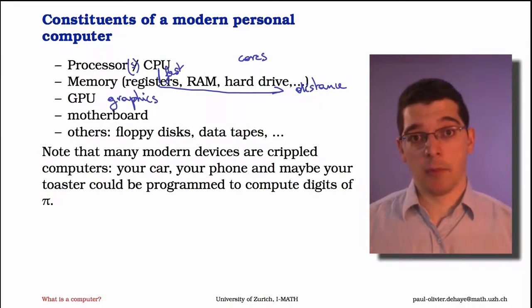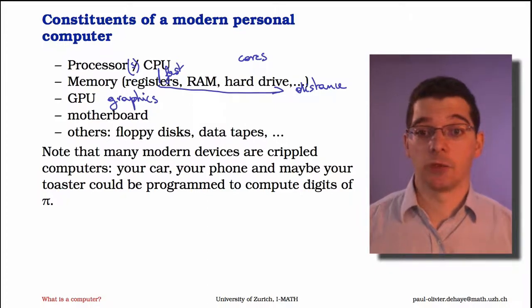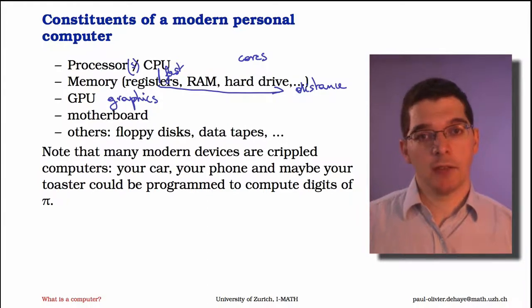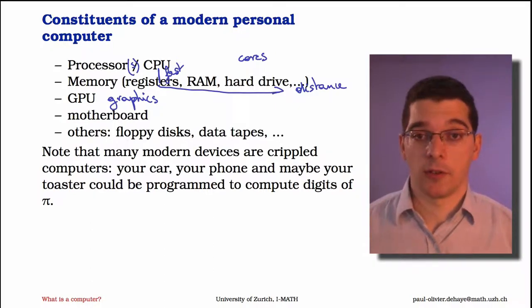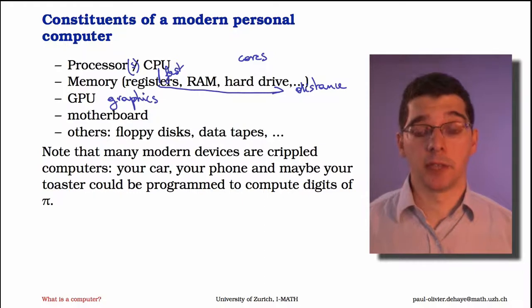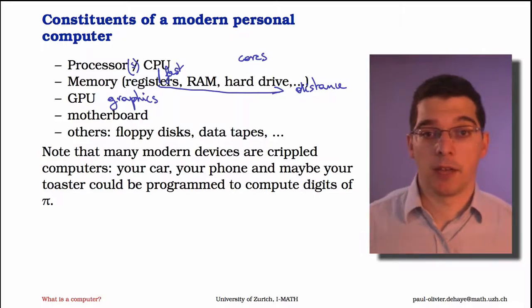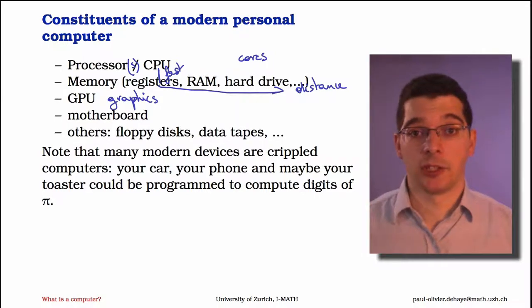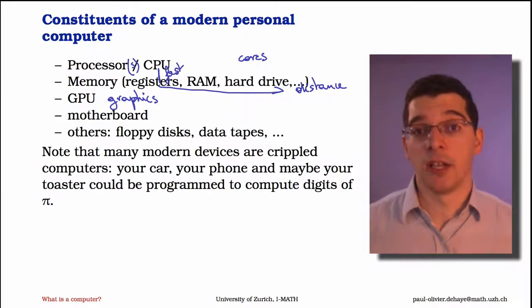So this is a modern personal computer, one that you can have in front of you at a desk and interact with. But note that many modern devices that you see in everyday life are actually crippled computers. They can perform the same type of computations as computers, but that's not emphasized there. Your car might have a computer in it that is just used to decide when the airbag should inflate.